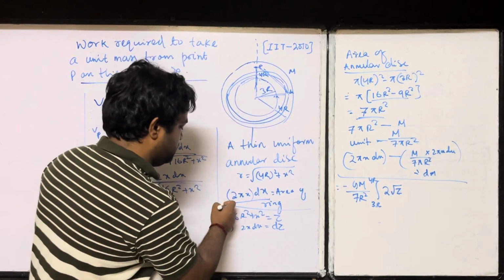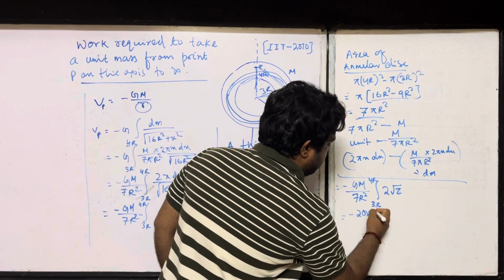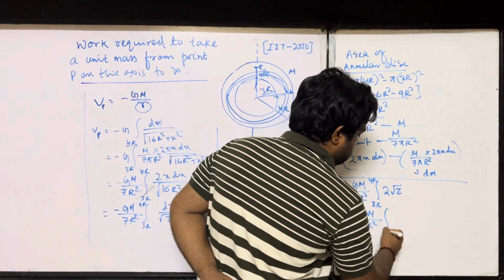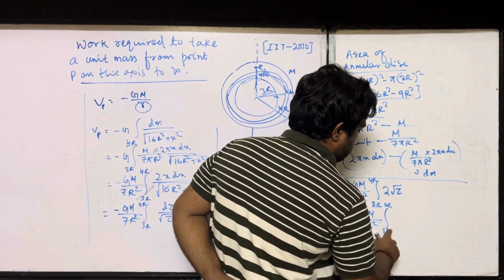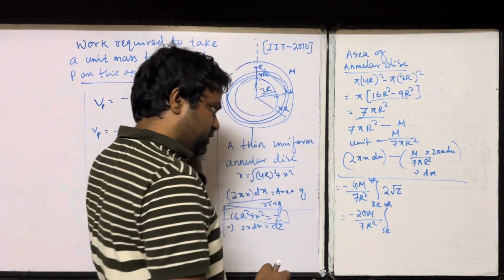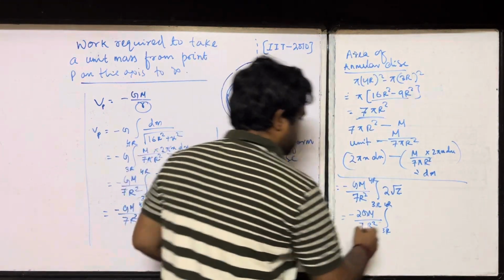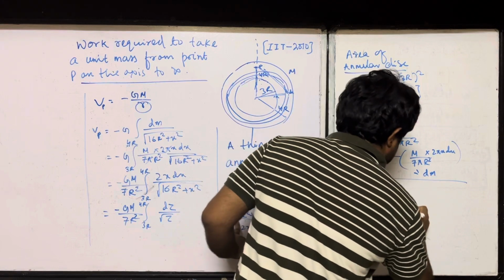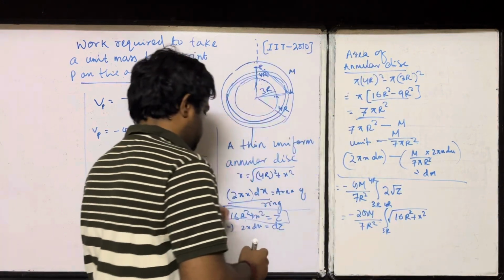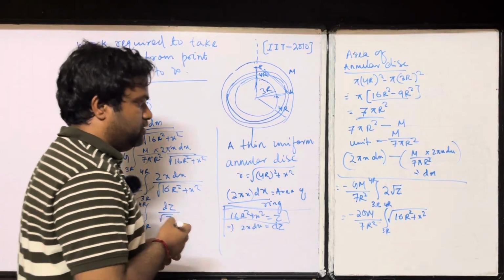Z we have considered as 16 r square plus x square, so replace it and take 2 outside. So minus 2GM by 7 r square, and root z is root of 16 r square plus x square, from 3r to 4r.